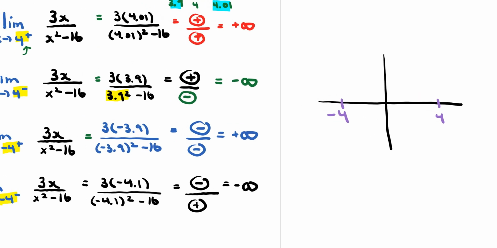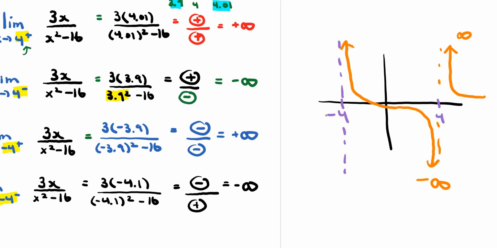If I'm approaching 4 from the right-hand side, I guess the graph is shooting up like that to positive infinity. If I'm approaching negative 4 from the left-hand side, it's going to negative infinity like that. And then if I draw my vertical asymptote like that, I guess if I approach negative 4 from the right-hand side, the graph is kind of shooting up now. So kind of like that, and then the graph is kind of like that.